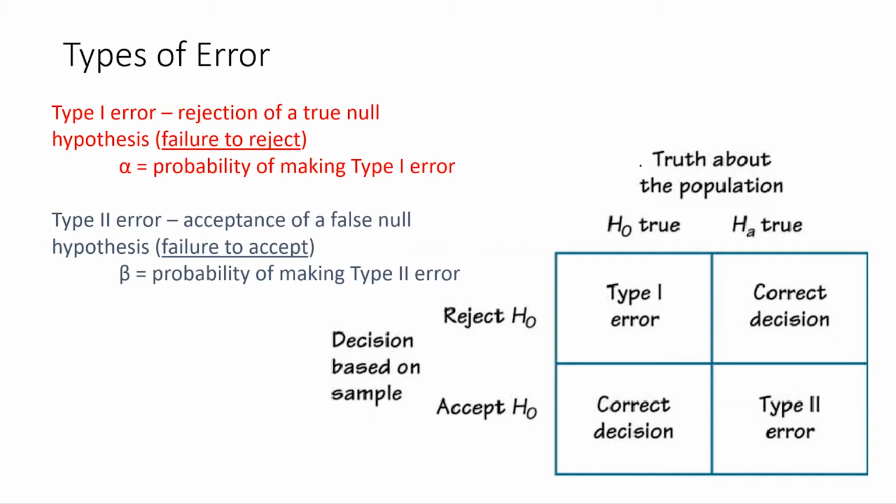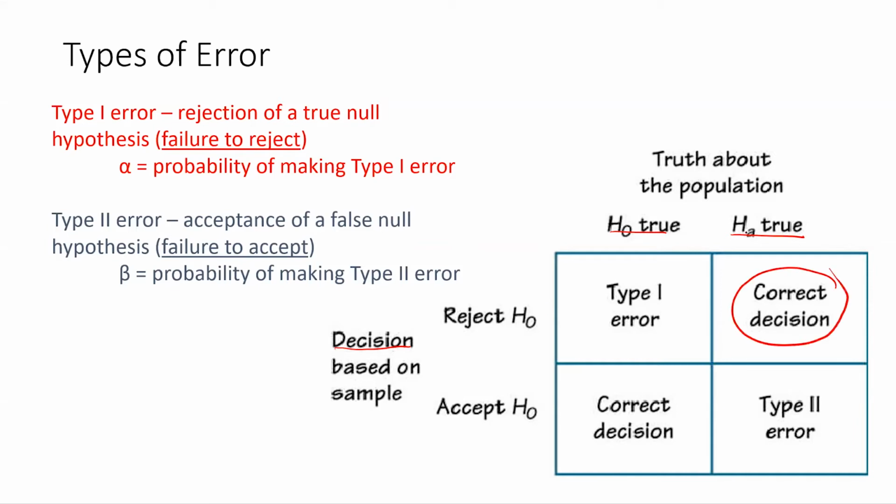So here in this figure, we have the truth about the population. Either our null hypothesis is true or our alternative hypothesis is true. On the left, we have our decision. We can either reject the null hypothesis or accept the null hypothesis. Rejecting the null would just mean accepting the alternative, in which case this would be the correct decision.